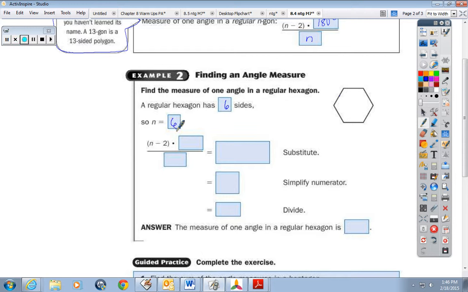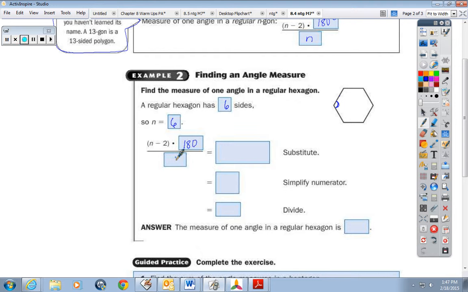To figure out the measure of one angle, I'm going to use this formula right here. One angle would just be like right here. So I'm going to take n minus 2 times 180 divided by n.